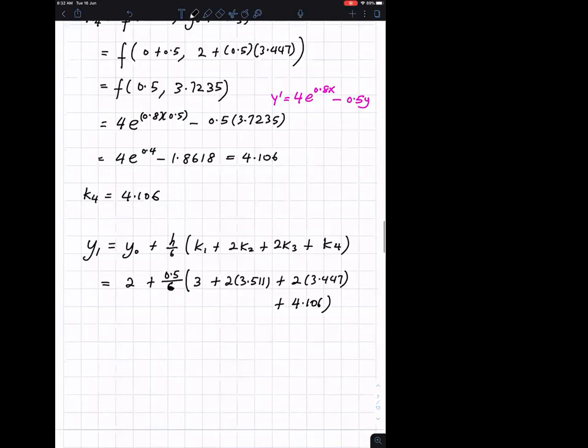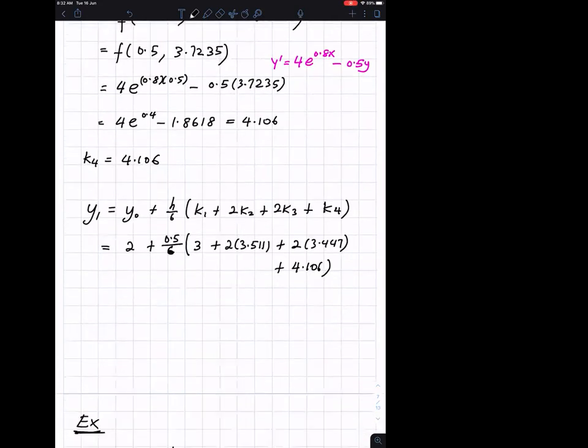If you plug it in, punch it in, crunch it out, you'll get Y1 equals to, okay, that's the answer.